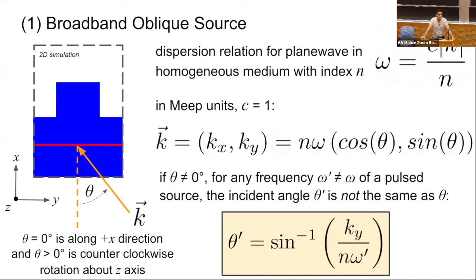Okay, so when we're doing these broadband calculations in Meep, or in FDTD, Numerical has this issue as well. If you're coming in at some off-normal angle, the way you interpret the results depends on the frequency of the incident source, okay? And each frequency has a different incident angle, and you can calculate that using this equation that's shown here.